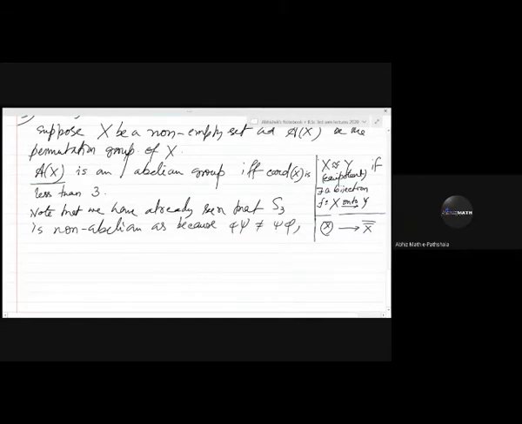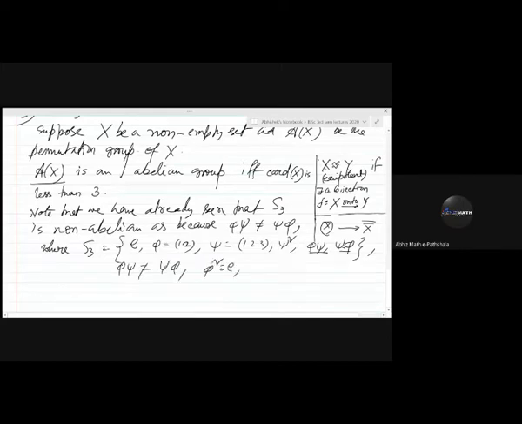S3 has been defined like this: it contains the identity permutation, phi was the cycle (1 2), psi was the cycle (1 2 3), and we have psi square, and then phi psi and psi phi, where these two elements are not the same. Psi square is identity, psi cube is identity.